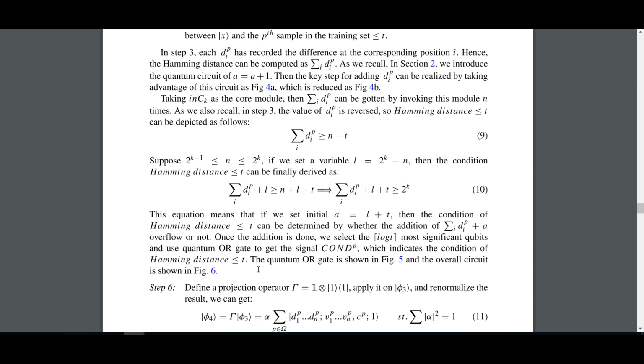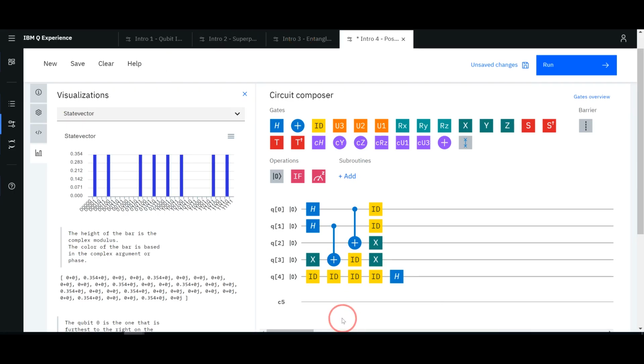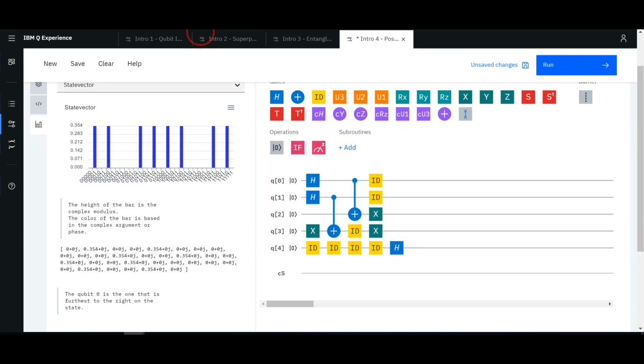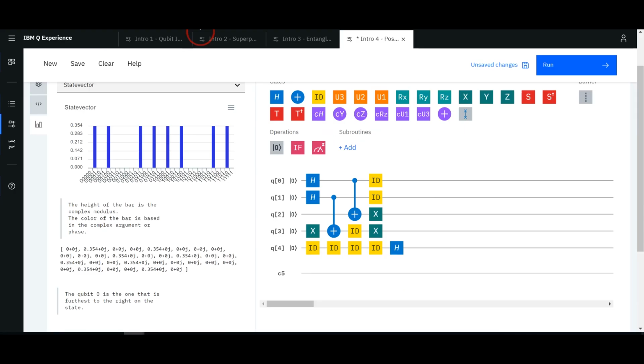if we set an initial A equals L plus D, so this, okay, so this A, so it seems like this is just a trick to get to know which of these results are below a certain threshold.